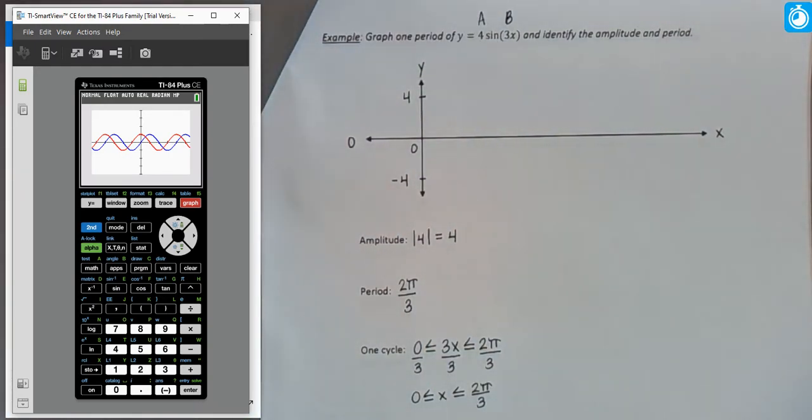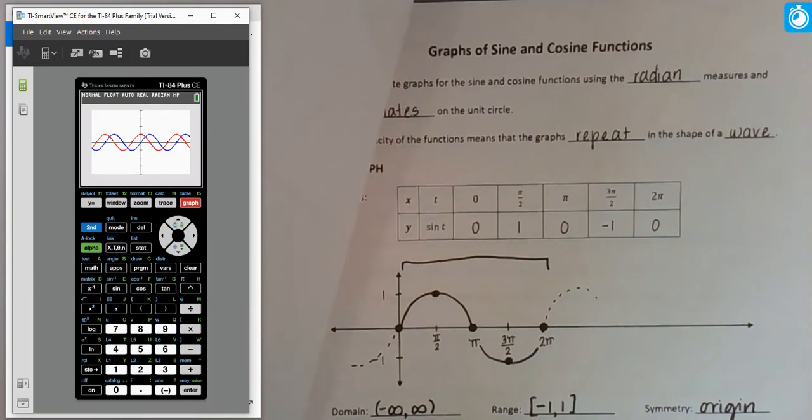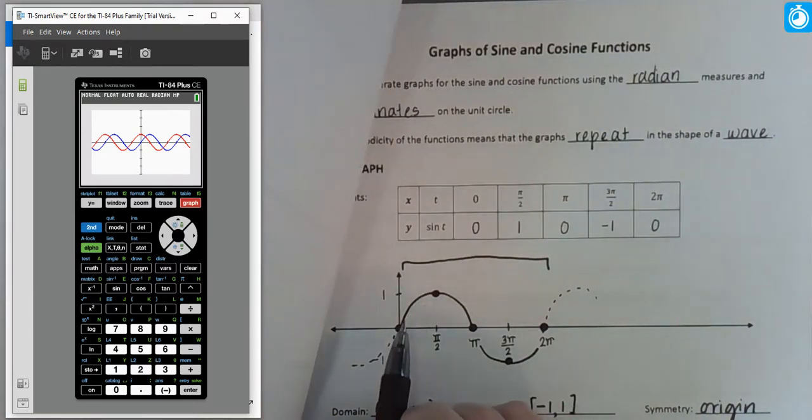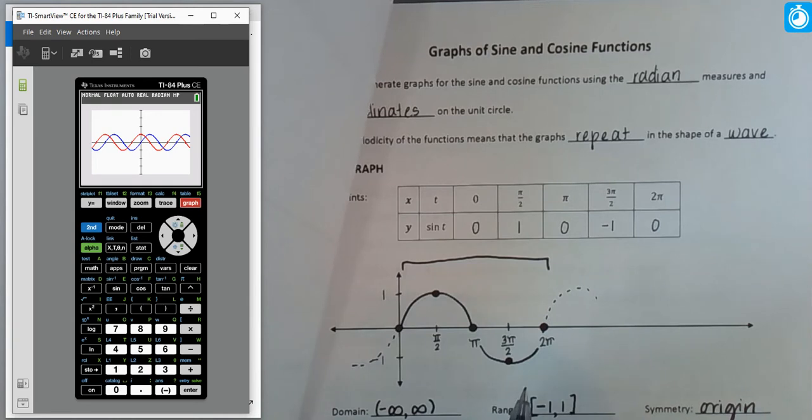Now, before I put that on there, I want to go back and look at the standard sine graph. What I want you to notice is that there are 5 key points that we use to get the shape of the sine graph. Every time we graph a sine function, we're looking for the new versions of these 5 key points. How do the new constants in the function affect the location of those 5 key points?